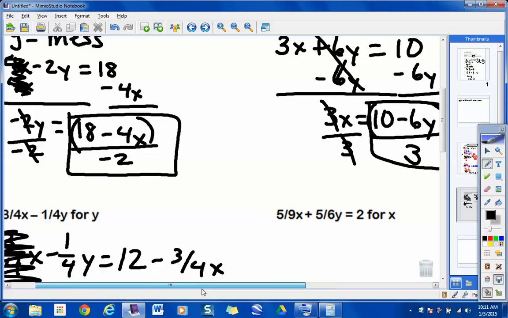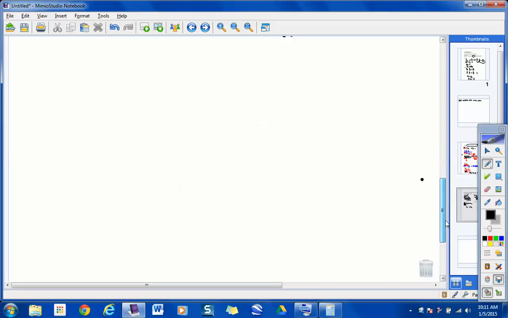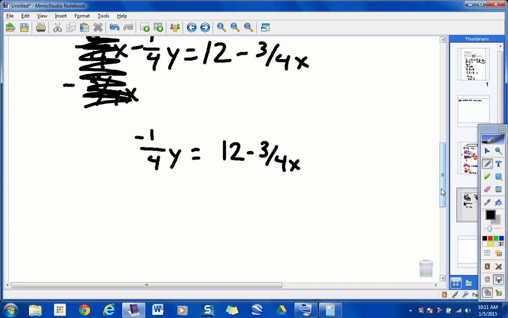Well, down here, to indicate that I'm multiplying everything right here by that reciprocal, you're probably going to want to put that in what? Parentheses. Right? So we're going to multiply both sides by 4 over what? Well, 4 over -1. What is 4 divided by -1, by the way?